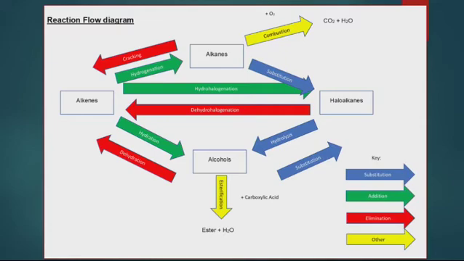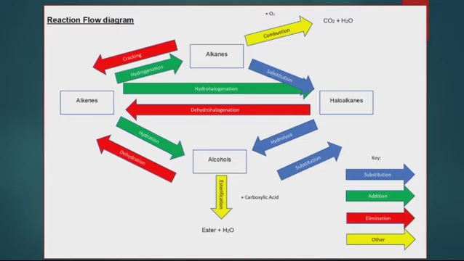So please don't panic about this diagram, okay? If you know your reactions well, this diagram will make a lot of sense to you. Because if we go from, say, an alkene to an alcohol, we add water, so we hydrate. If we go from an alcohol to an alkene, we dehydrate. So you'll see that often two arrows, a green and a red, will go together.